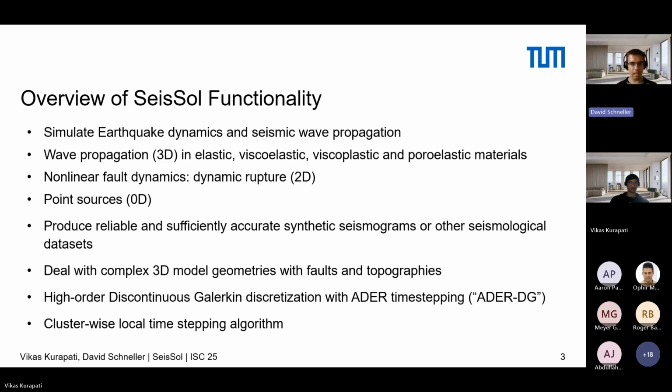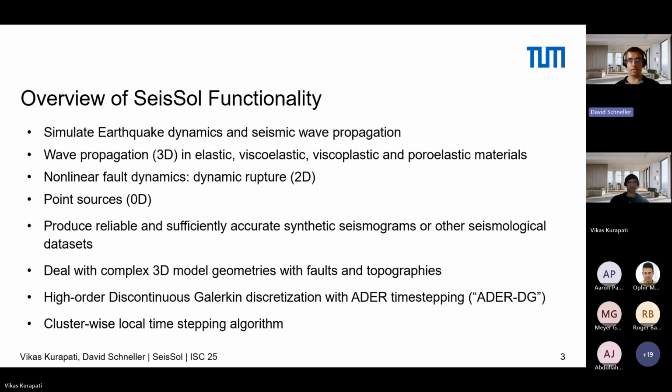You also have the possibility to just use zero-dimensional point sources, for example when you don't have enough rupture data, or if you have other data to use. That means just a point that suddenly emits something that then gets propagated in the domain.